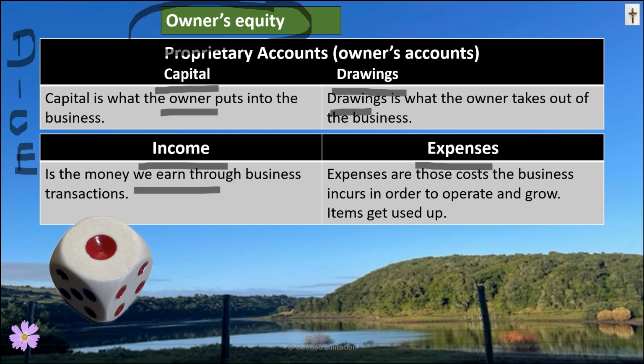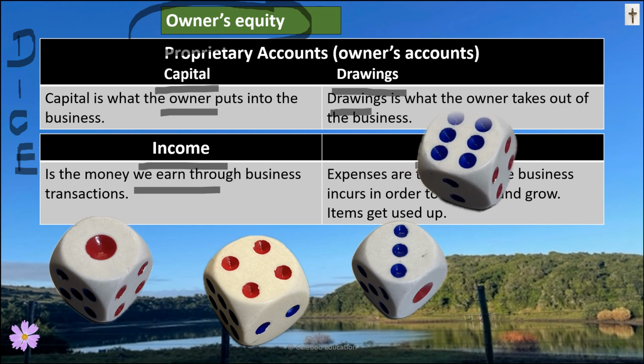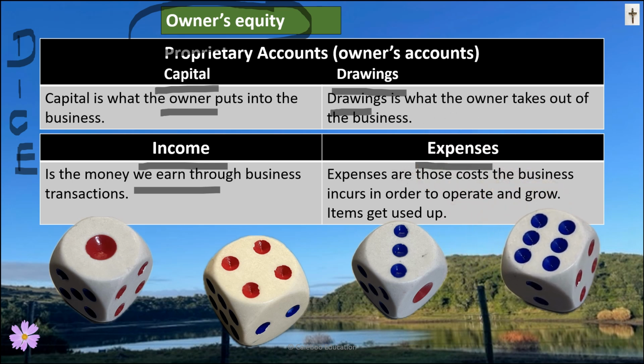Keep rolling the dice, and eventually you will get a 6. So the acronym for owner's equity for the last time in this video is DICE. I hope you remember that for the rest of your life.